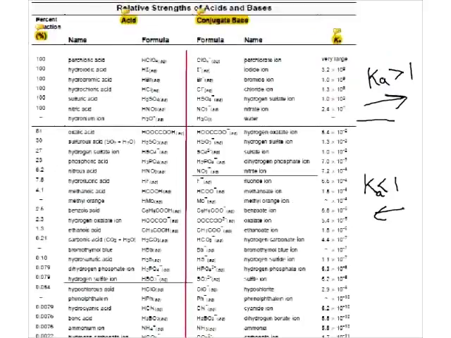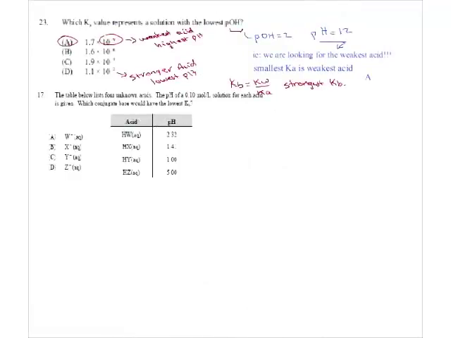Let's go look at our table again. So we said, if we're high on the table as an acid, that makes us strong as an acid, but this means we're the weakest base. So the larger the Ka, the smaller the Kb, and that's what we're looking for in this question. We're saying which acid is going to have the largest Ka, and that's going to be the strongest acid.